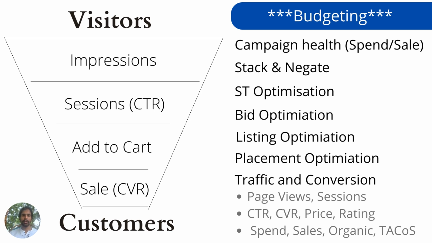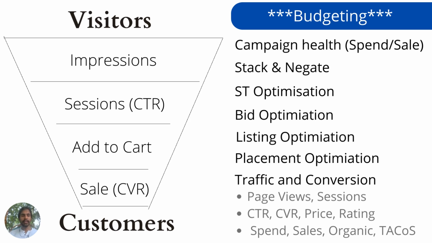On a periodic basis, you also need to see which campaigns are doing well and which are not, and whether it is worth pumping more money into a particular campaign. You need to know how much you are spending and what percentage of sales are coming from that campaign. So you need to have data.